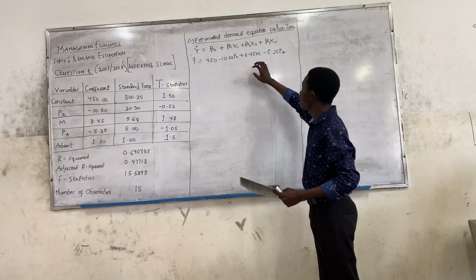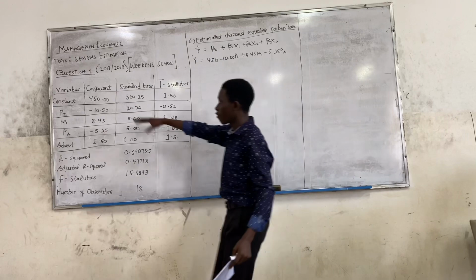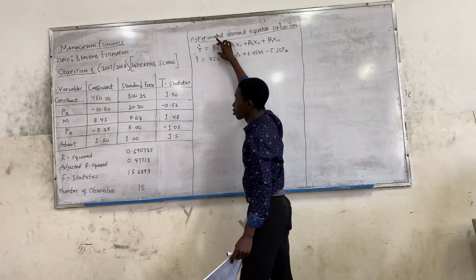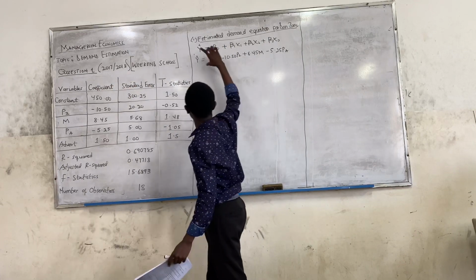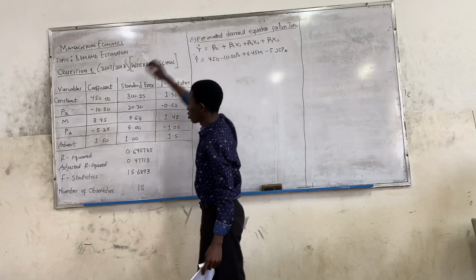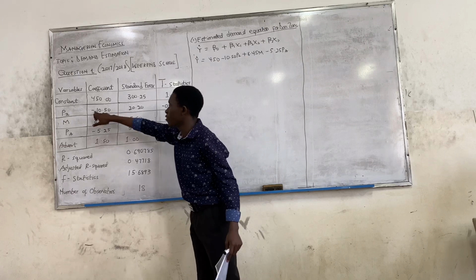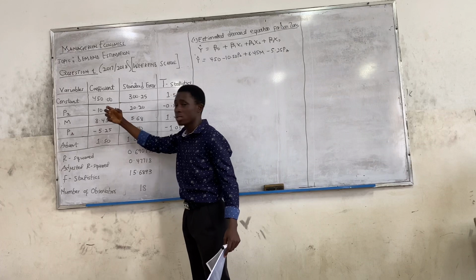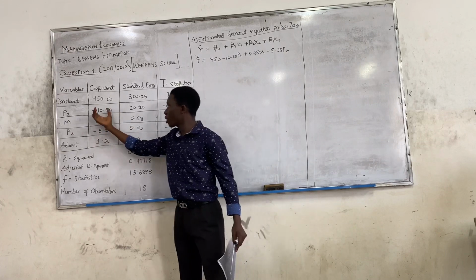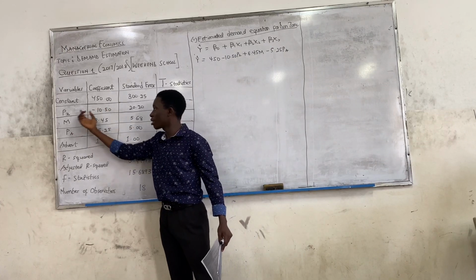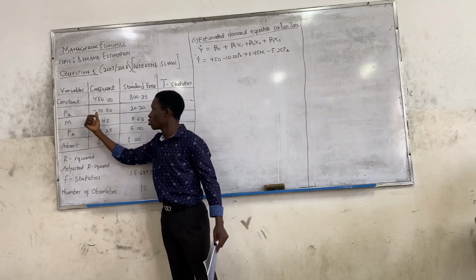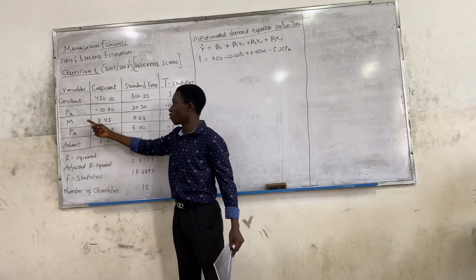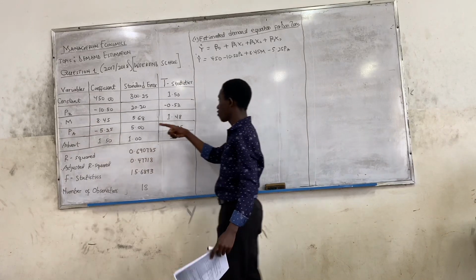So that's how you form the demand equation. The first one, constant, is the same as intercept or beta naught, so there's the 450. B1, x1, it's negative 10.50 PZ. When you pick the coefficient, it is the same as your parameter estimate, so you attribute it to the variable: negative 10.50 PZ, plus 8.45 M, minus 5.25 PA.